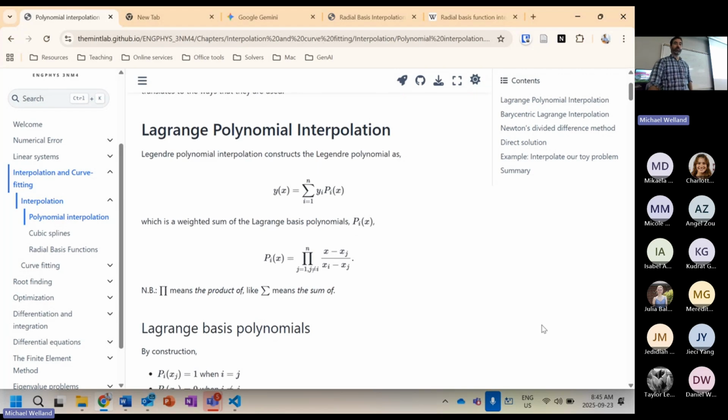Okay, Legendre polynomial interpolation. I think they are actually implemented in NumPy and SciPy, Legendre polynomials. It's not so widely used for actual fitting of data.